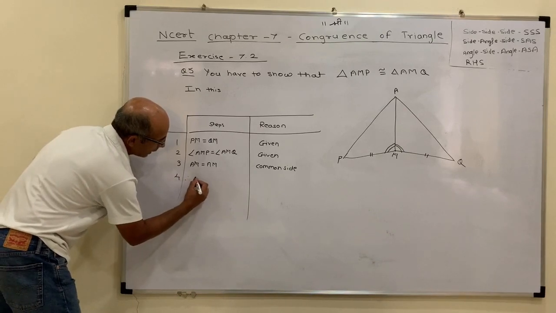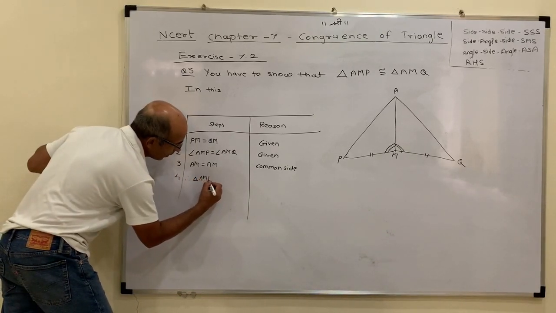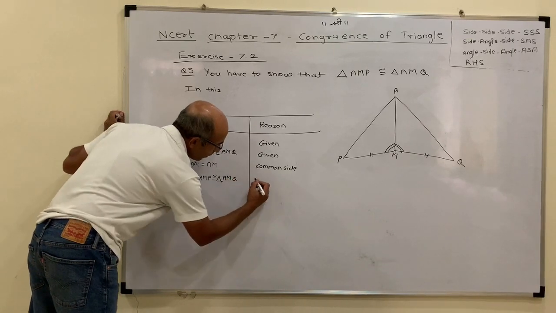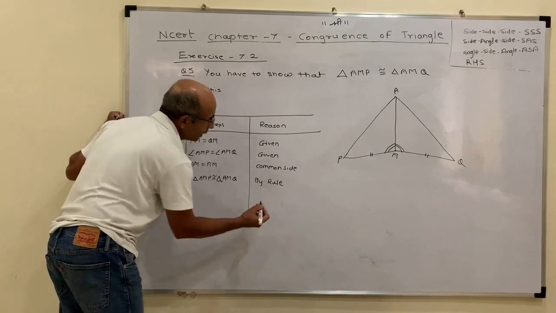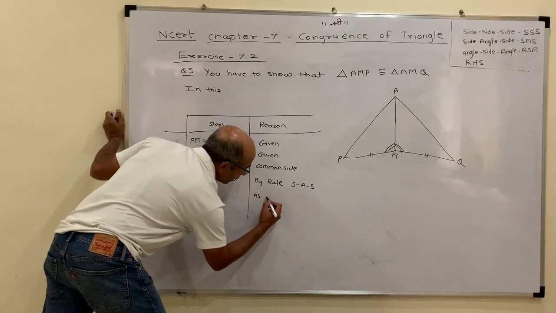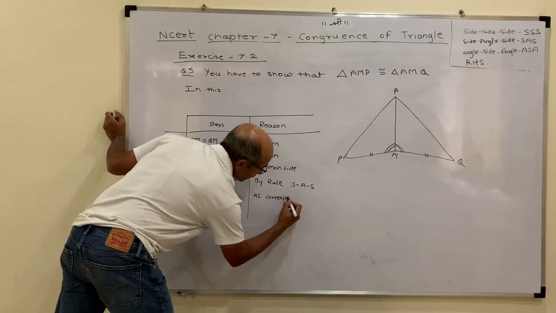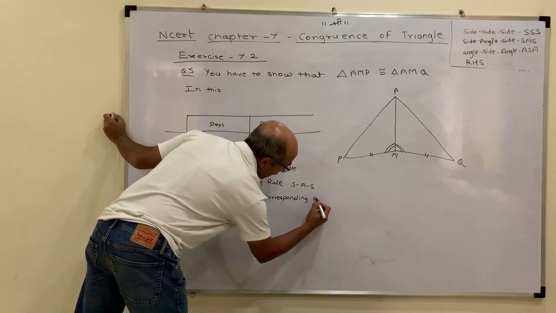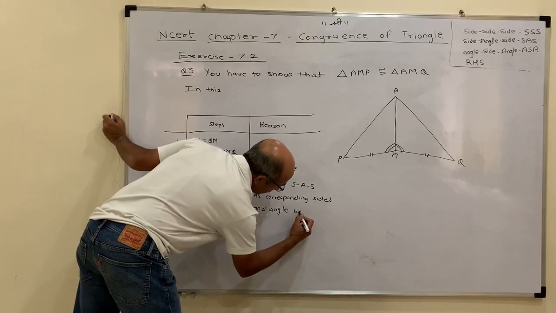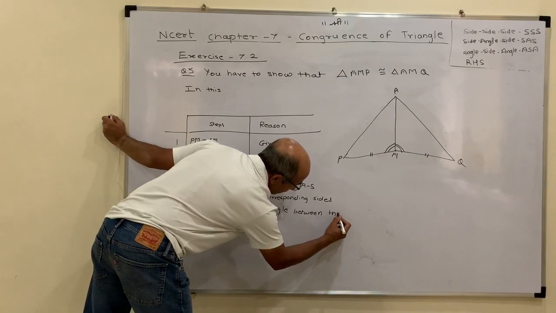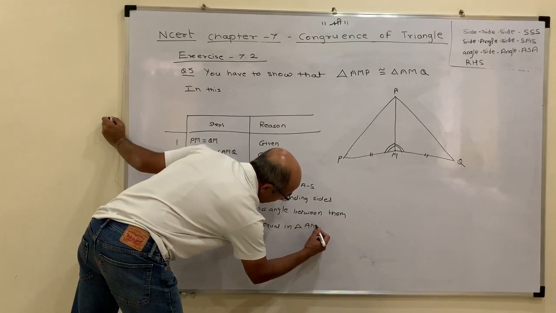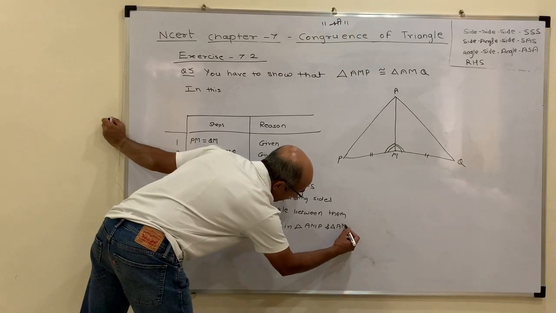Therefore, fourth, triangle AMP is congruent to triangle AMQ by the rule side angle side, as we can say corresponding sides and the angle between them are equal in triangle AMP and triangle AMQ.